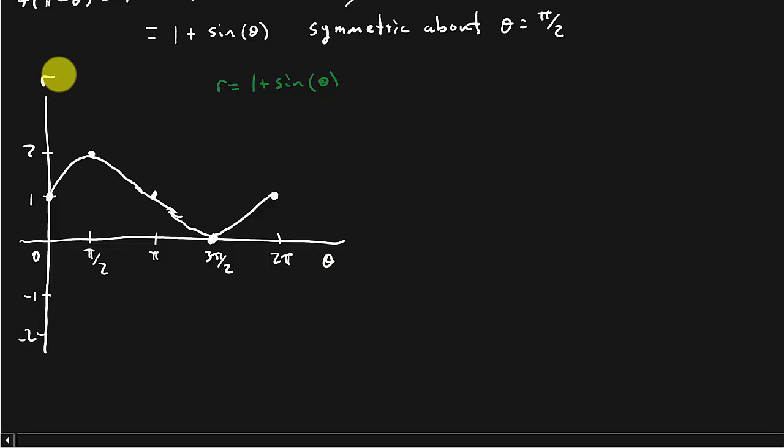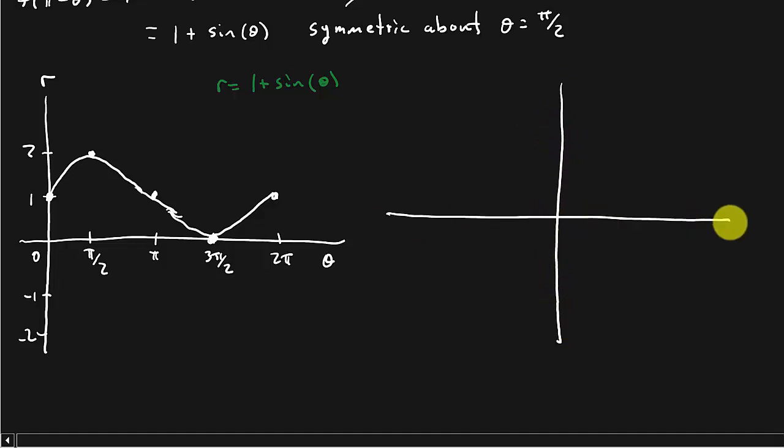All right. Now, let's graph it on our polar coordinate system. Okay? Let's look at this. So we know this is 0, this is pi over 2, this is pi, and this is 3 pi over 2.